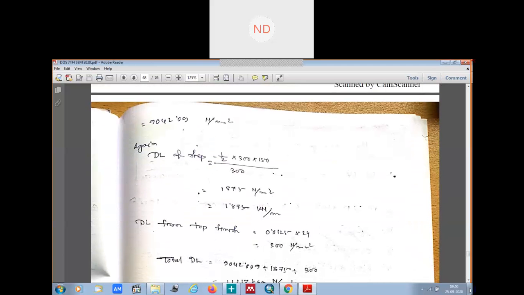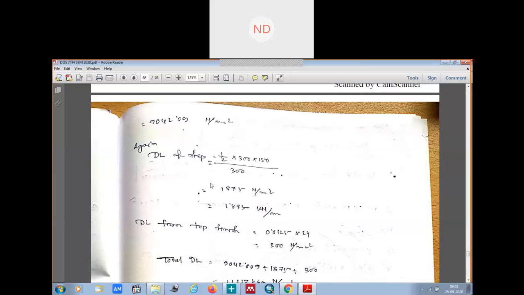Now the total load which we are calculating is this corresponding load, and also the step load is going to come. That is given by the area of the step, half into base into altitude, divided by your total tread.